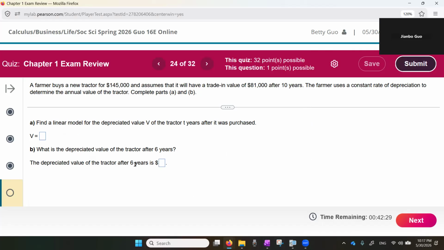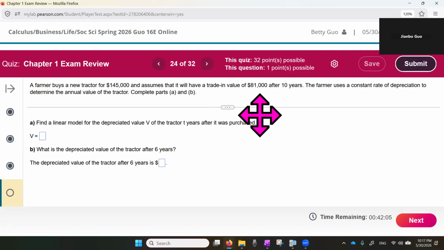Complete Part A and Part B. Part A, find a linear model for the depreciated value V of the tractor T years after it was purchased. It says the rate of depreciation is a constant. We need to find that first. That's going to be the slope of the linear model.